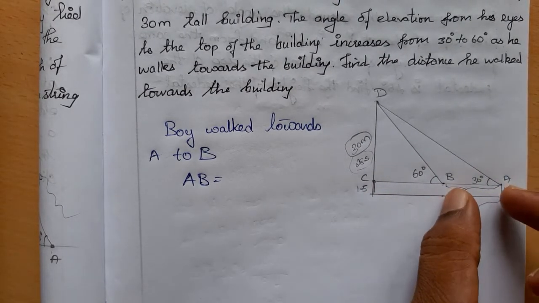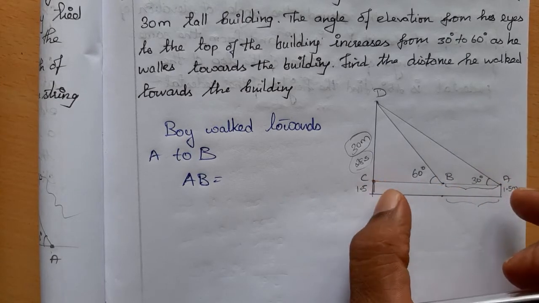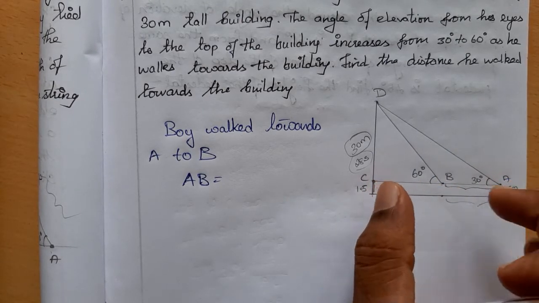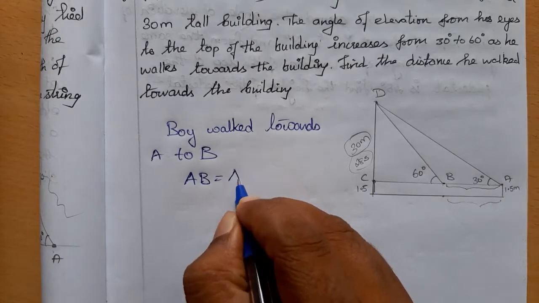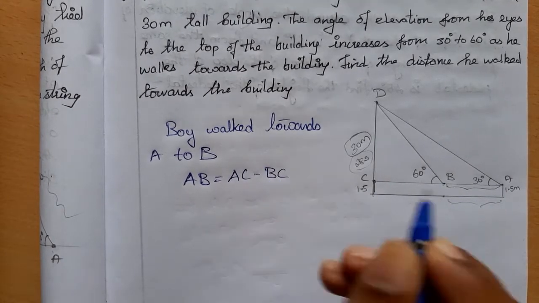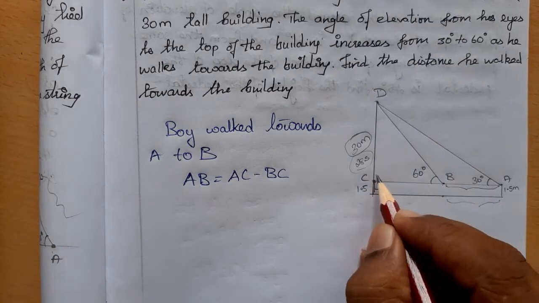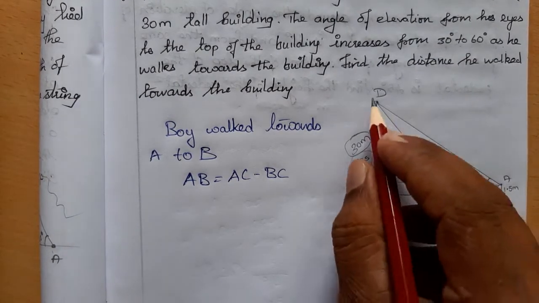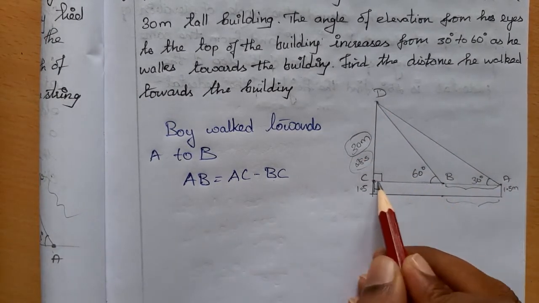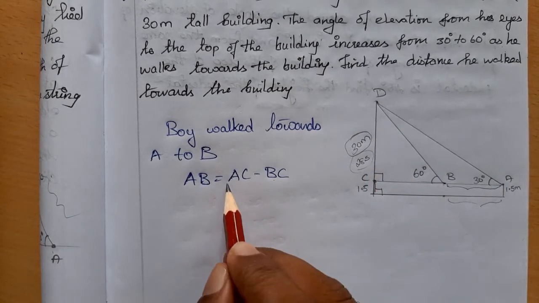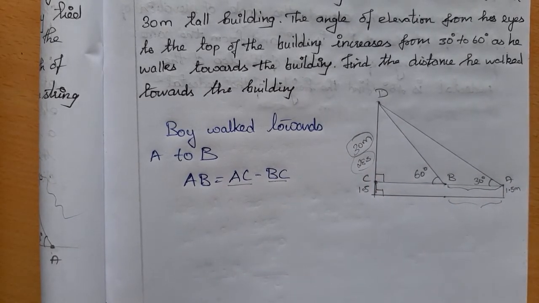So AB will be obtained by subtracting BC from AC, right? AB equals AC minus BC. AC forms one right triangle. Here at the ground it is 90 degrees and here it is also 90 degrees. So it forms one right triangle, and BC also forms a right triangle. So we have to find AC and BC.